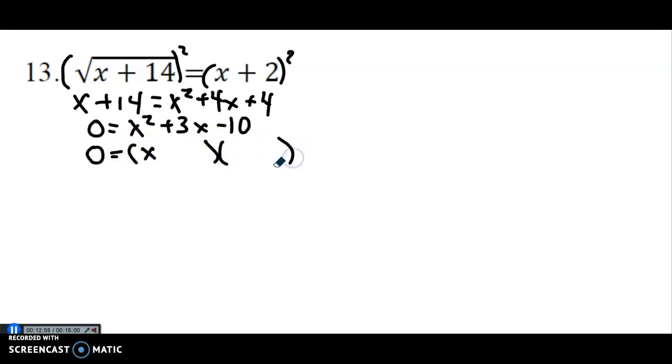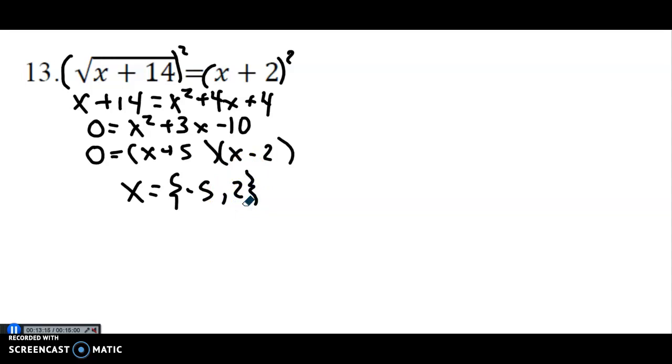And I need two numbers that multiply to make negative 10 and add to positive 3. So I'm thinking it's going to be positive 5 and negative 2, which gives me my possible answers of negative 5 or positive 2. And then I have to check my work.